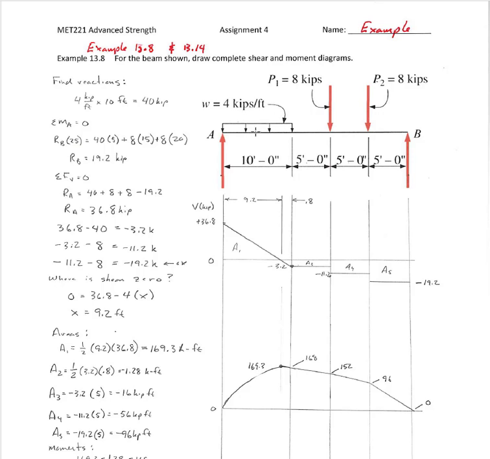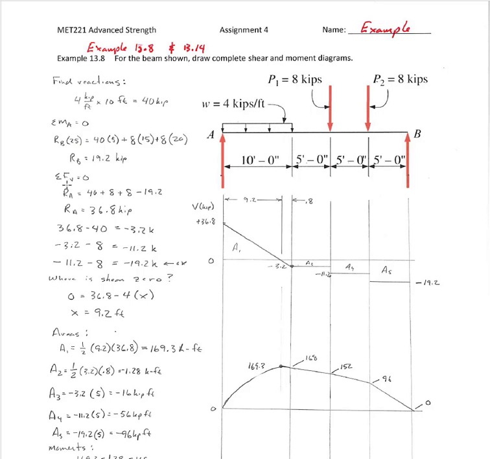So that's this 40 times 5. 8 times 15, 8 is P1, 15 is the distance from point A to where this load's applied, and then 8 is due to P2 times 20 feet, the distance from point A to where P2 is applied. So I solve that for RB and I get 19.2 kips.